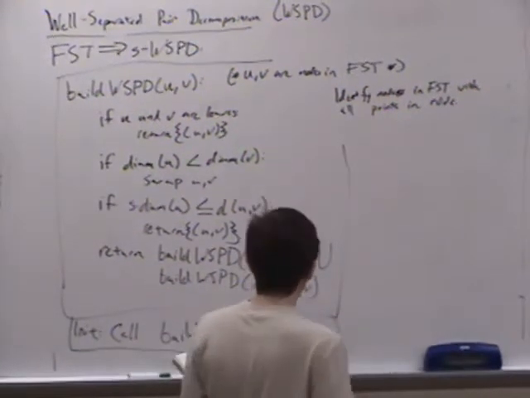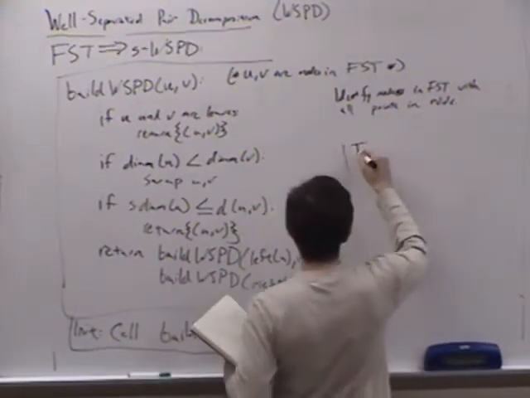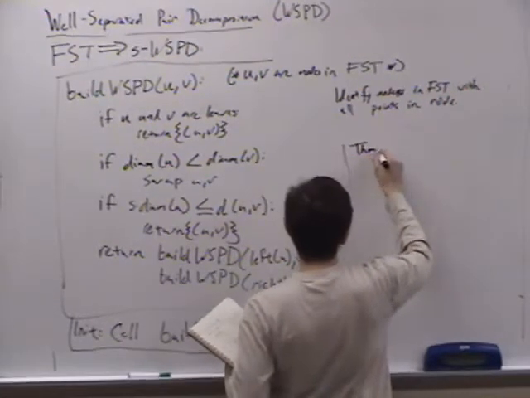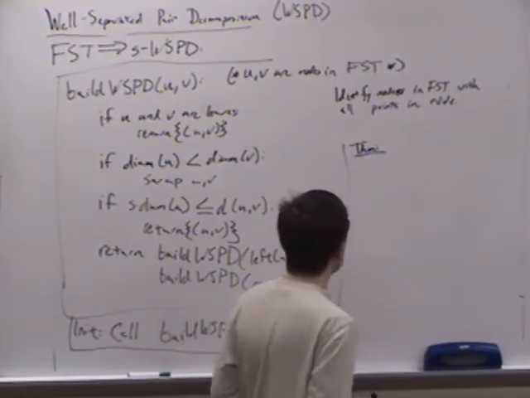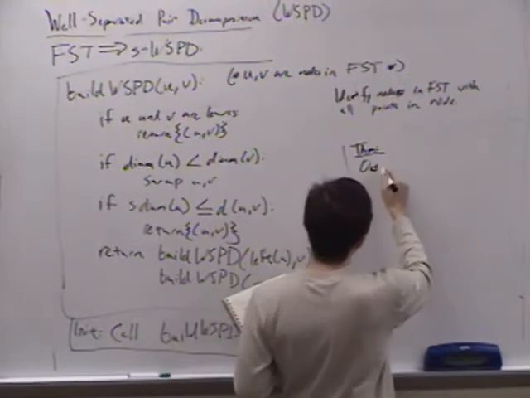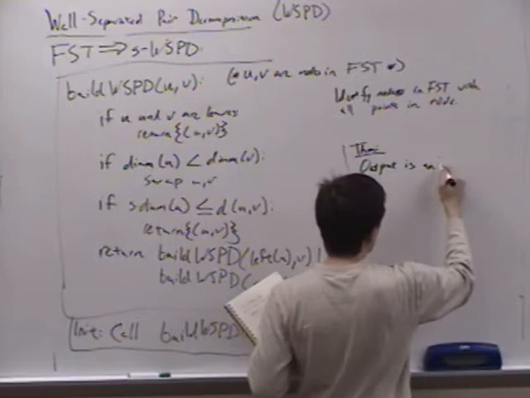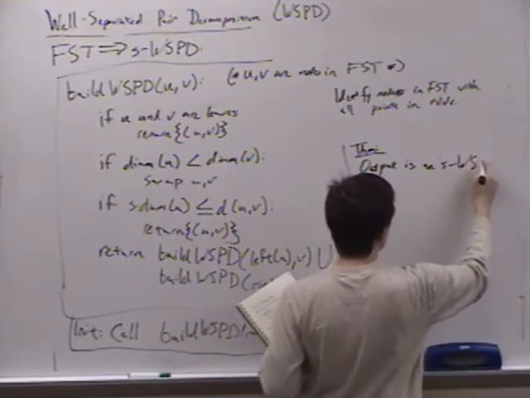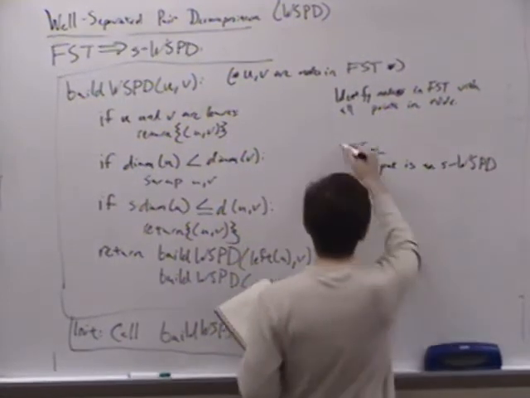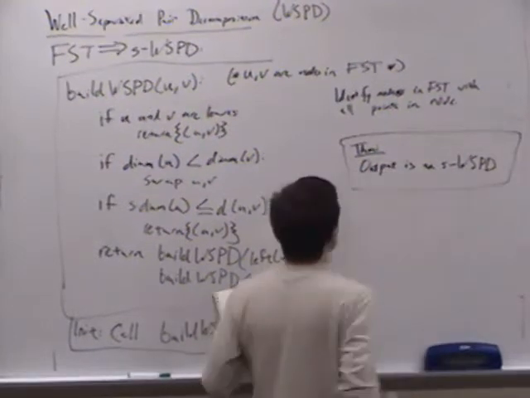So the trivial proof, and I'm not even going to spend too much time on it, is that the output is, in fact, an S well-separated pair decomposition. That's easy, not very exciting.